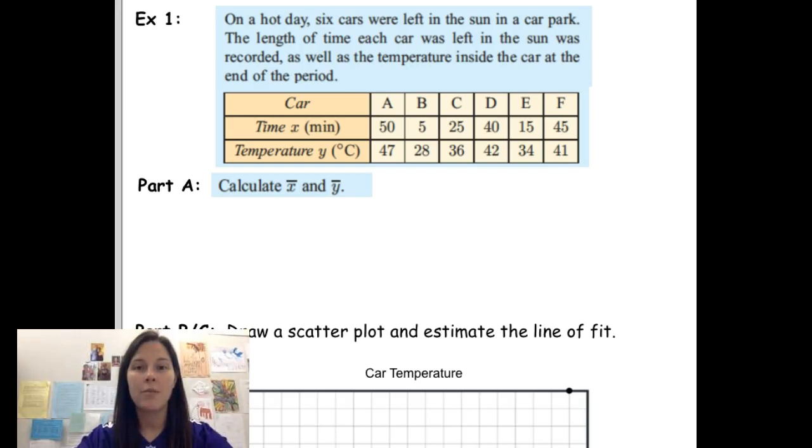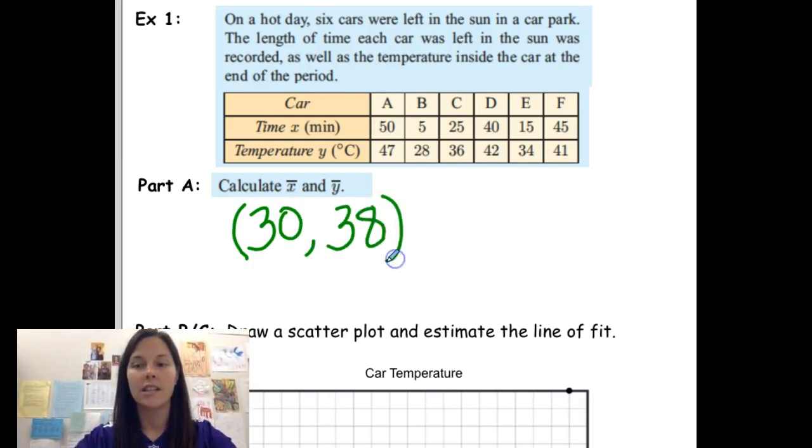All right, we'll take a look at one example together. We have on a hot day, cars were left out in the sun, and so we are going to be plotting the time they were left in the sun versus the interior temperature of the car. In order to get a good line of fit, we need to know what the mean of each data set is. So I have calculated those averages for you. The average time that a car was left in the sun was 30 minutes, and the average temperature was 38 degrees Celsius.